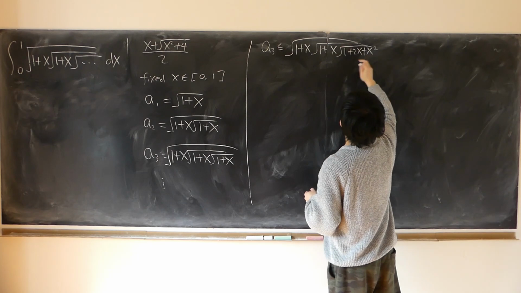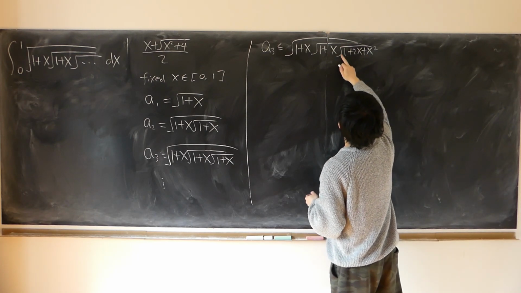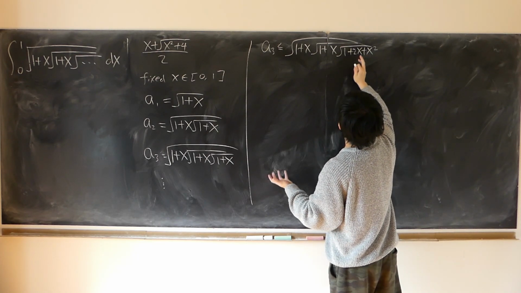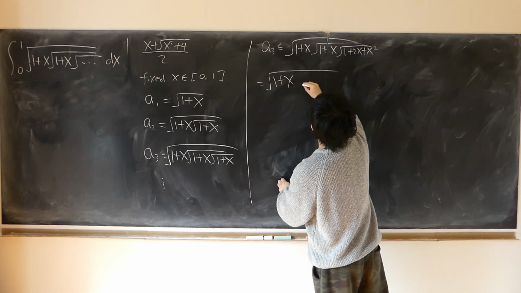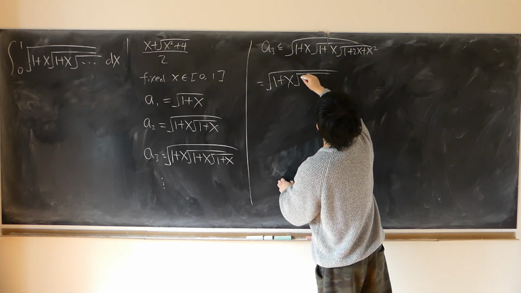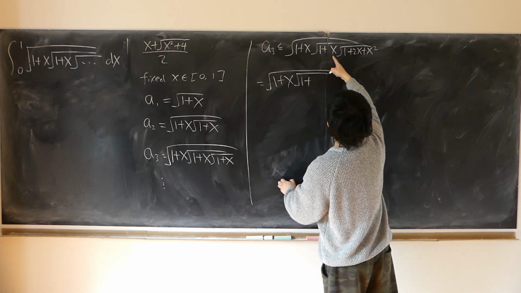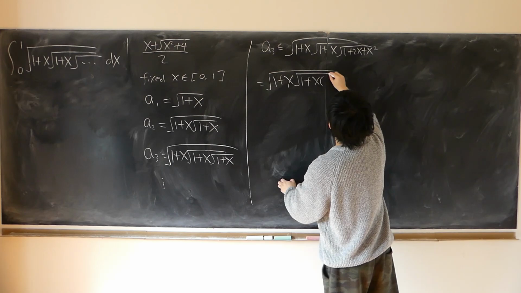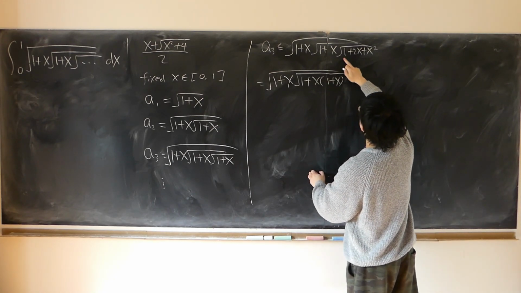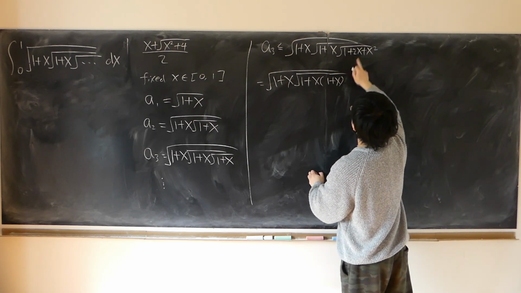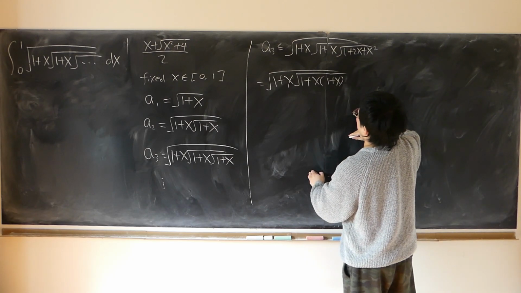So this is a perfect square, the square root of 1 plus x. Right? So 1 plus x times the square root of 1 plus x times 1 plus x. This becomes 1 plus x. No problem.